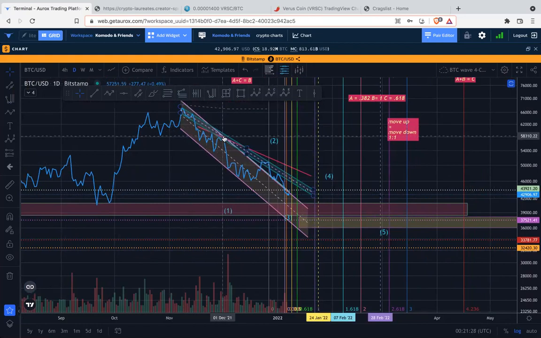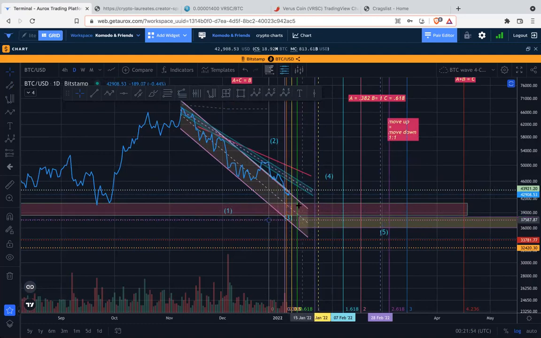Like if wave 1 is 1 in time, then wave 3 to wave 5 will be one-to-one, like with the first wave, and end around this end of January. Now, if wave 3 is only 61.8% of the first wave here, it would end around January 12th. Okay, so look for January 12th as that potential end of the wave 3.